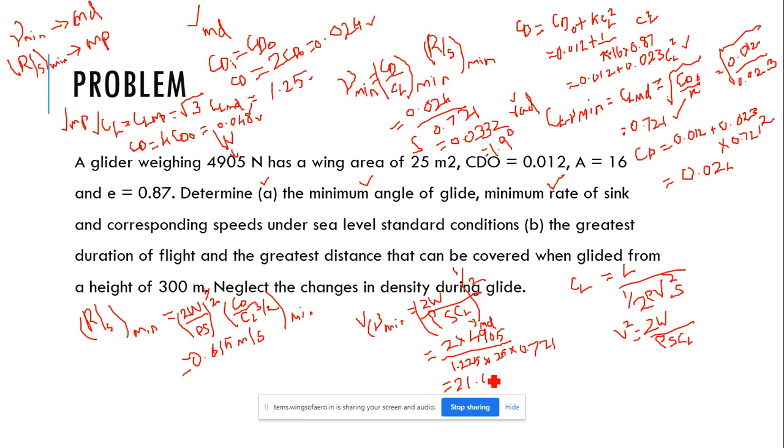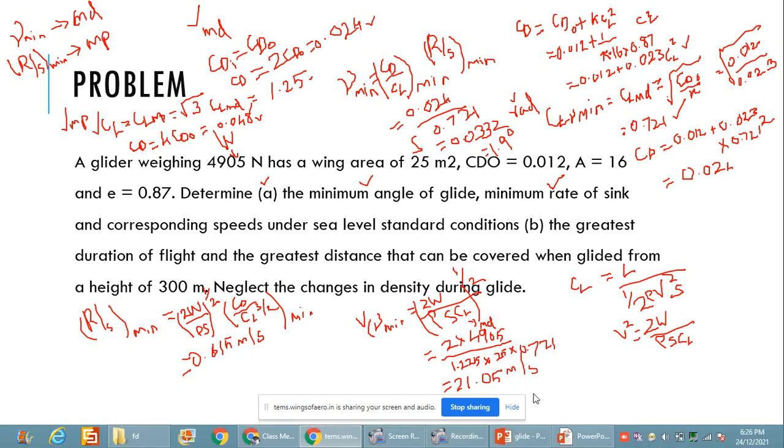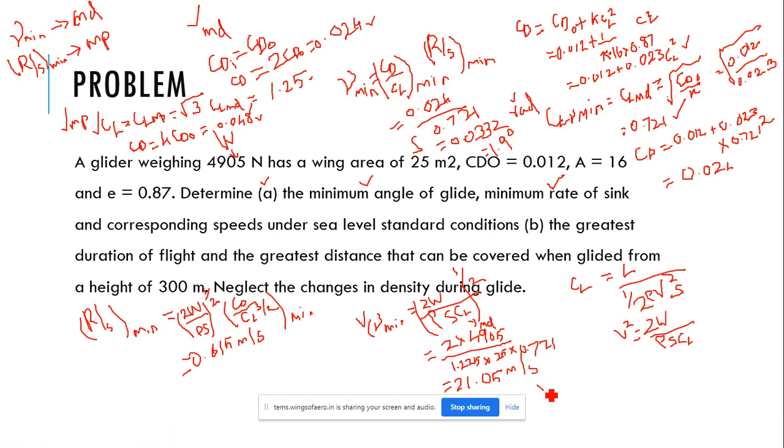So the value is 21.05 meter per second. And for our velocity at minimum rate of sink, R by S minimum, same thing, only here we need to substitute the value of CL for minimum power condition.